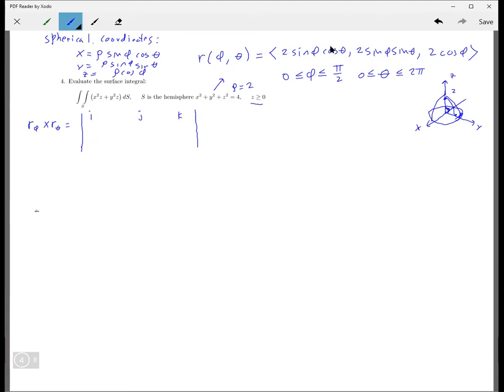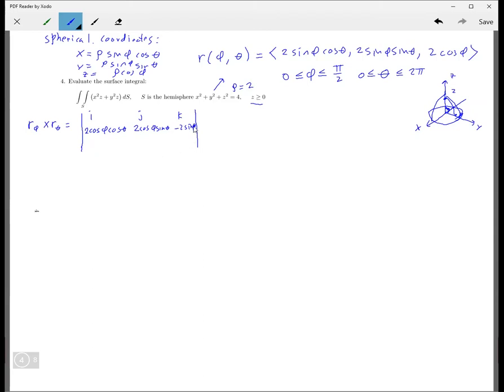That's the partial with respect to phi. It'd be 2 cosine phi cosine theta. And then the j component will be 2 cosine phi sine theta. And the k component would be negative 2 sine phi.